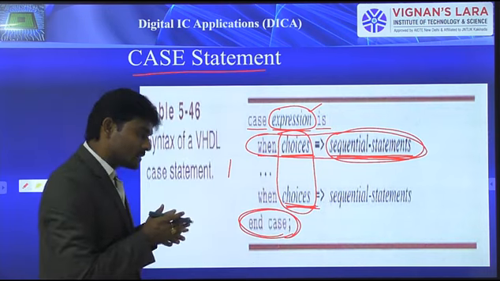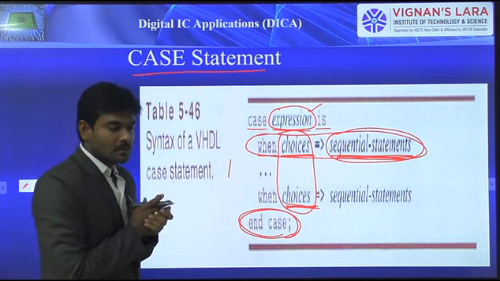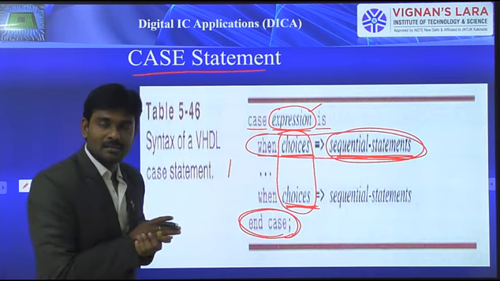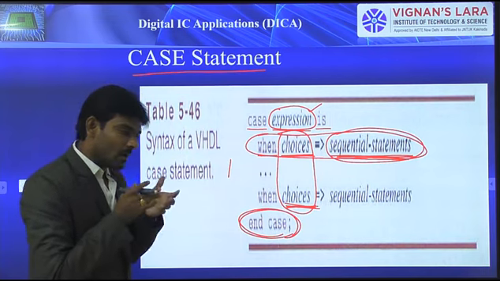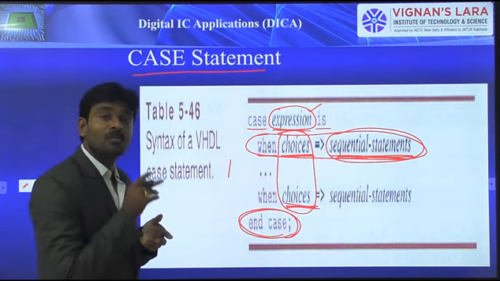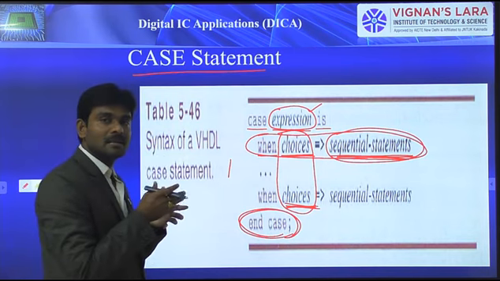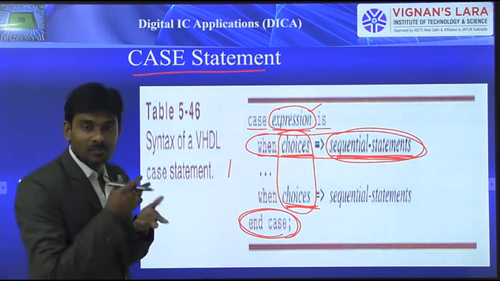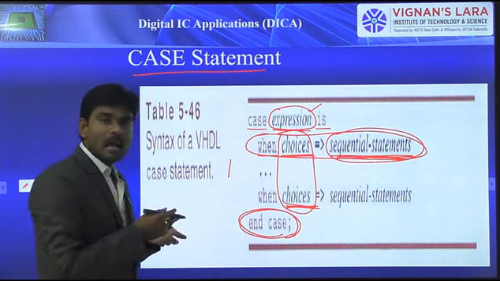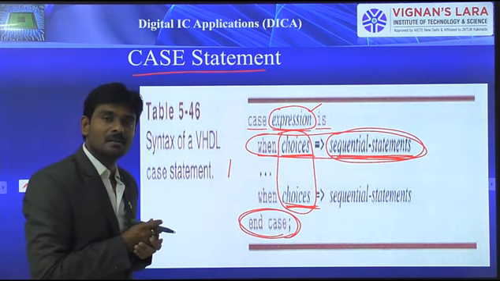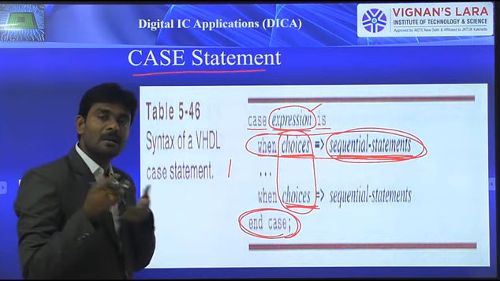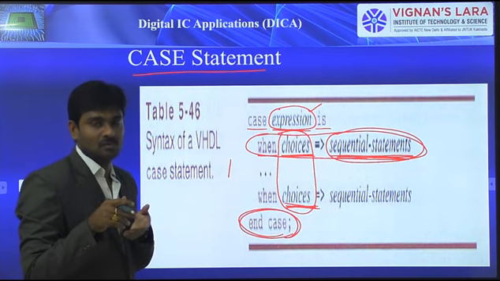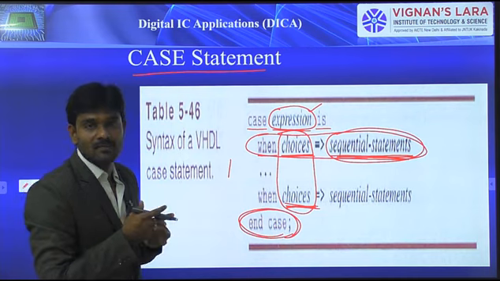As I explained in the previous class, suppose I consider an array of 2 bits, that means the array consists of 2 elements, and the type we mention is std_logic_vector. Then std_logic consists of a total of 9 values, and we can assign any one of those 9 values.